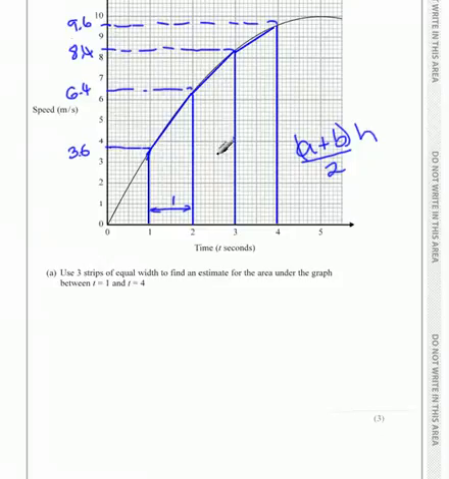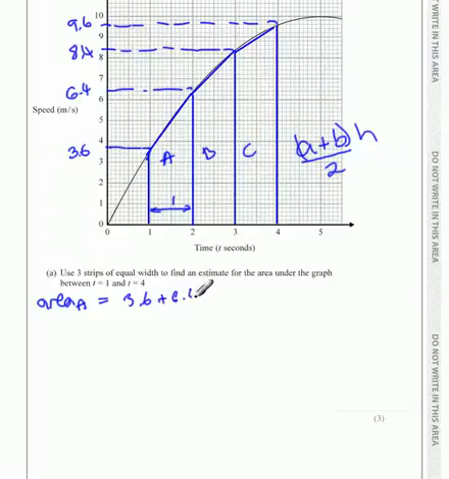Then we can apply our area of the trapezium to find the area of each of these. What I'm going to do is label them A, B, and C so we can show clearly which one we're finding. So the area A is going to be 3.6 for the value a plus 6.4 for the value b, divided by 2, and then times by 1 for the height. So I won't include that times by 1.